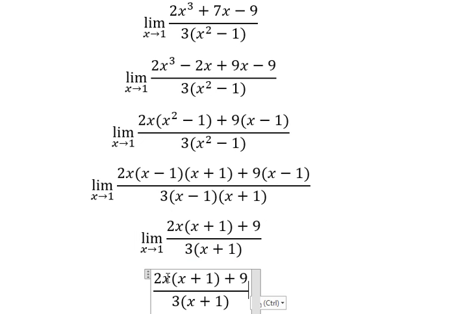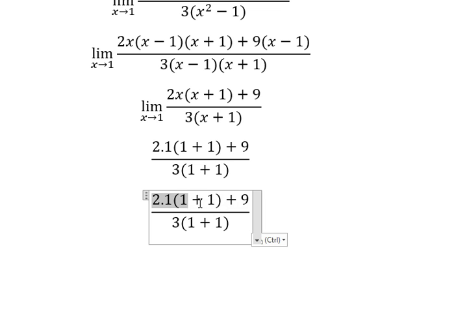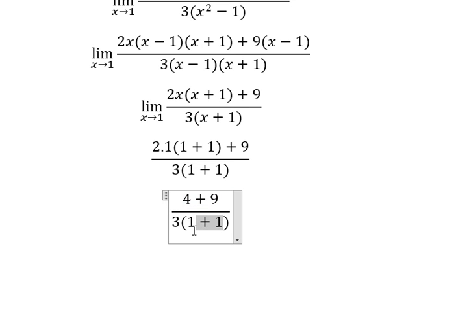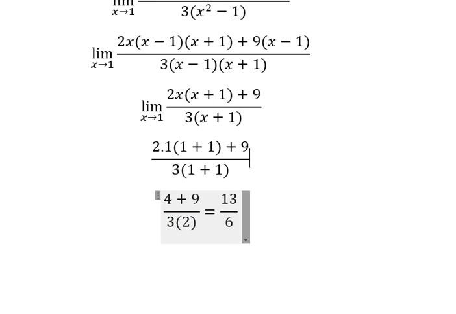And we can get the final answer. This one you will get 4. This one you got 2. And we have 13/6. This is the end.